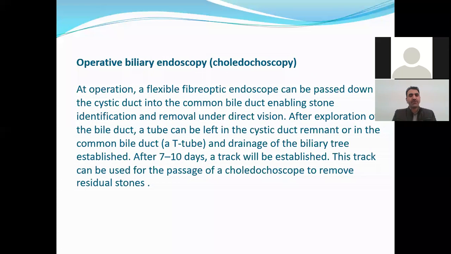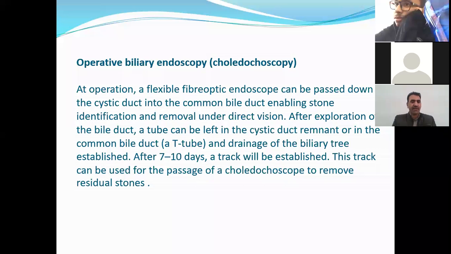Operative biliary endoscopy. At operation, a flexible fiber-optic endoscope can be passed down the cystic duct into the common bile duct, enabling stone identification and removal under direct vision. After exploration, a tube can be left in the cystic duct remnant.